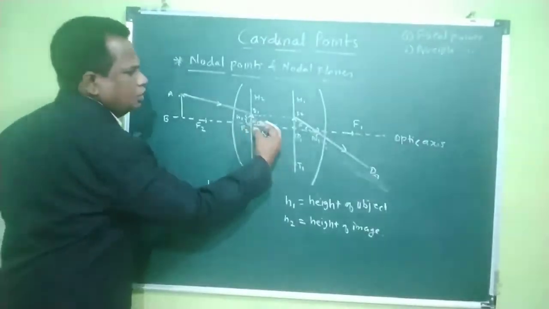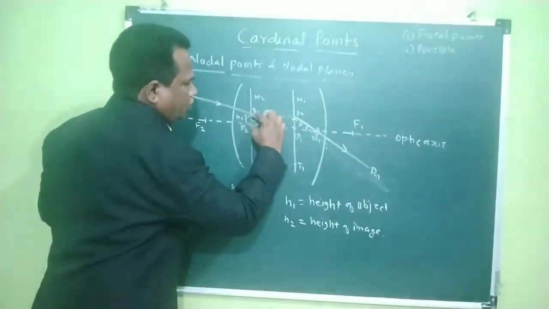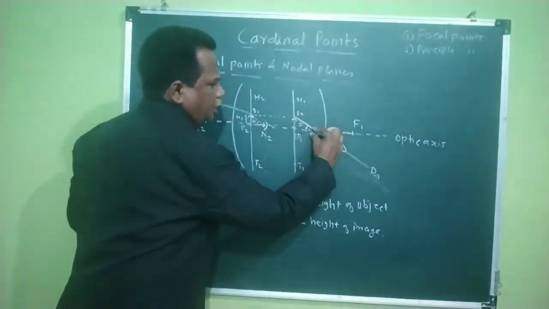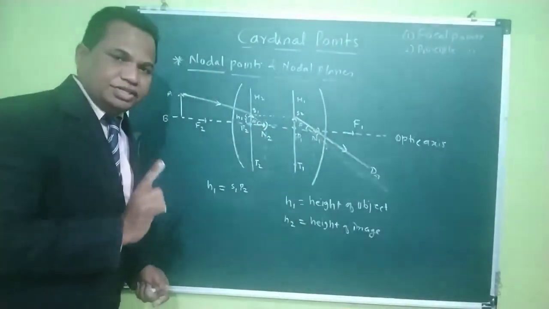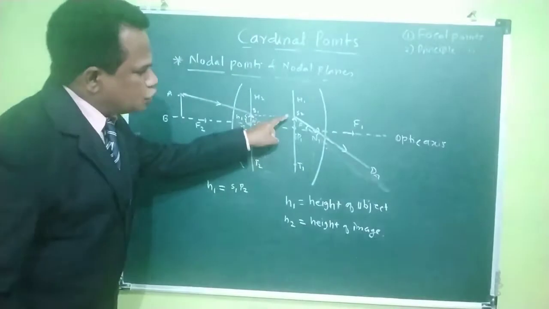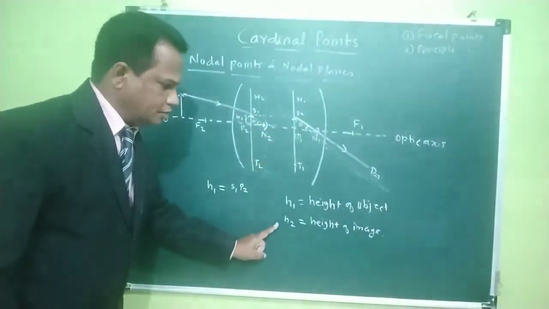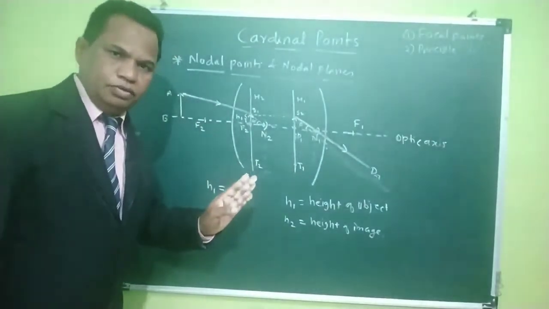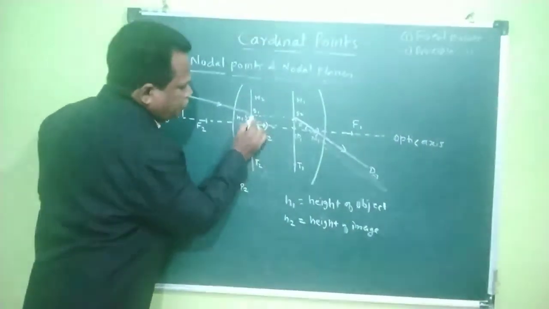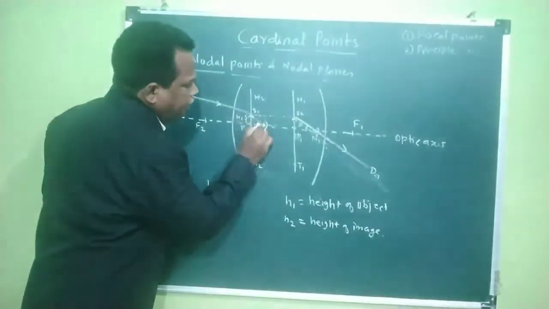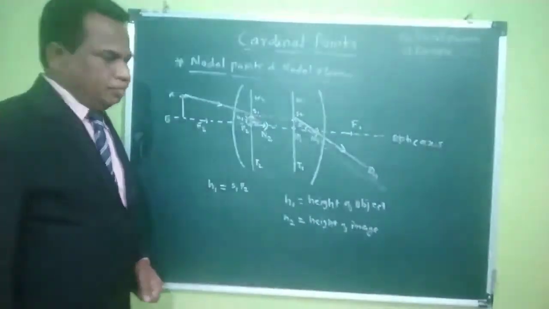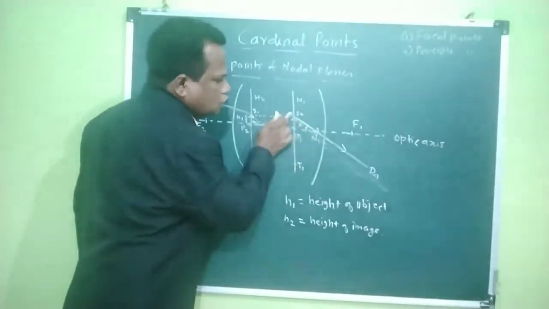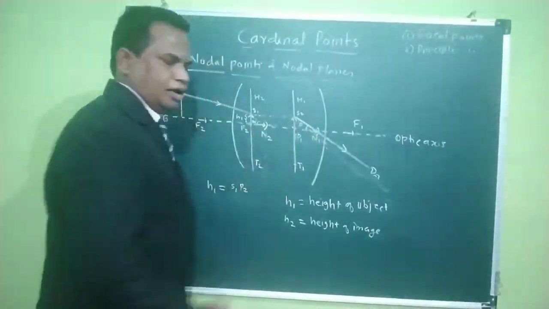So when you look from this side, you will observe the object. When you look in this direction, you will observe the image. So S2P1 is an image, S1P2 is an object. Now this object subtends one angle, that is alpha, whereas this S2, our image, will subtend an angle beta.